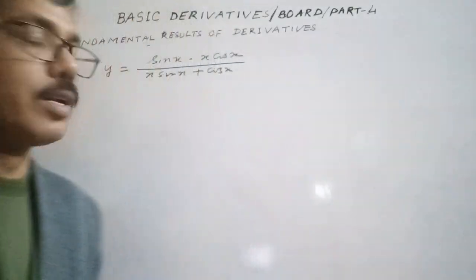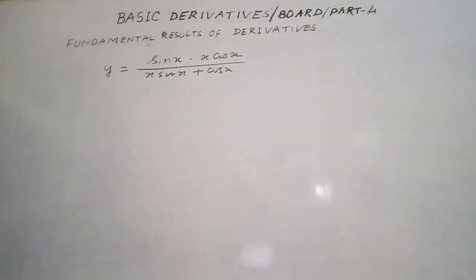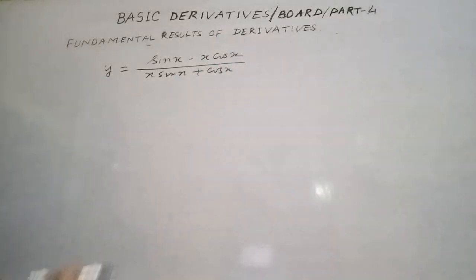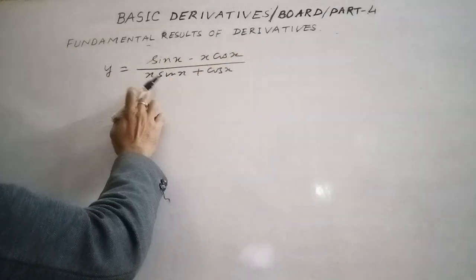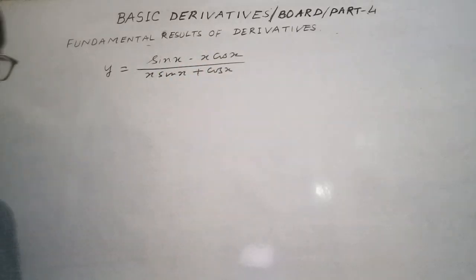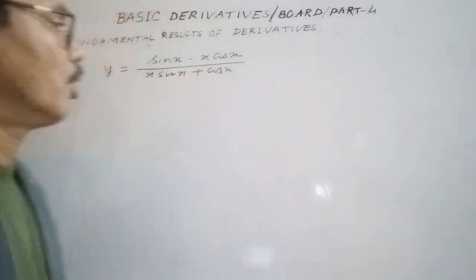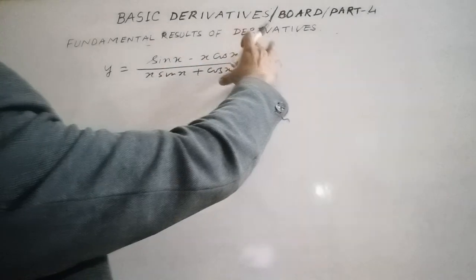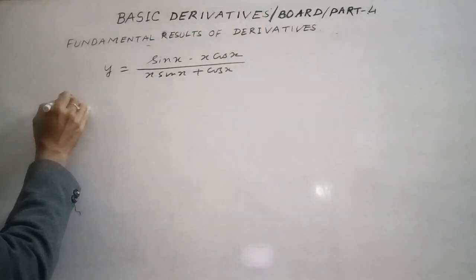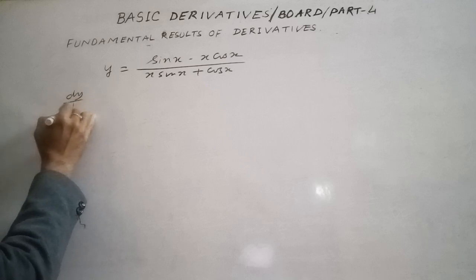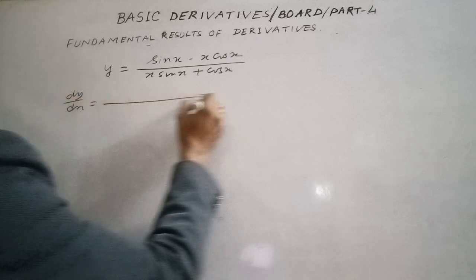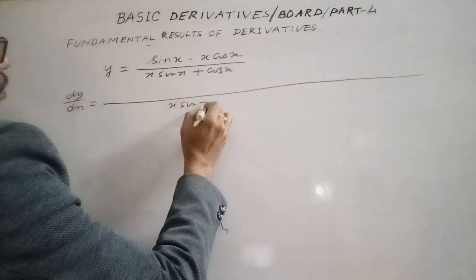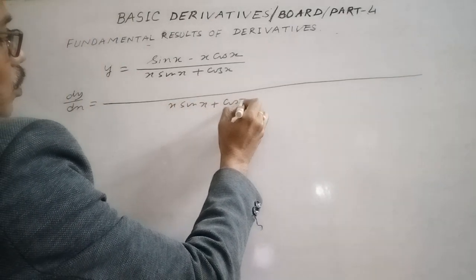Now I consider one more most important problem. So (sin x minus x cos x) by (x sin x plus cos x). So look, we cannot simplify it, so you have to use quotient rule. So derivative of y is dy/dx, (x sin x plus cos x) whole square.